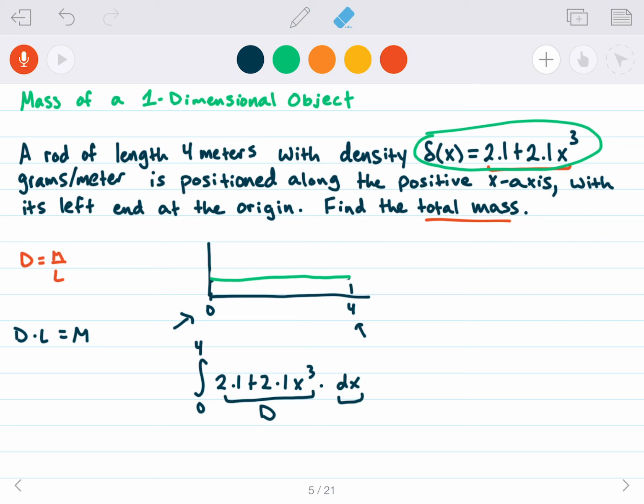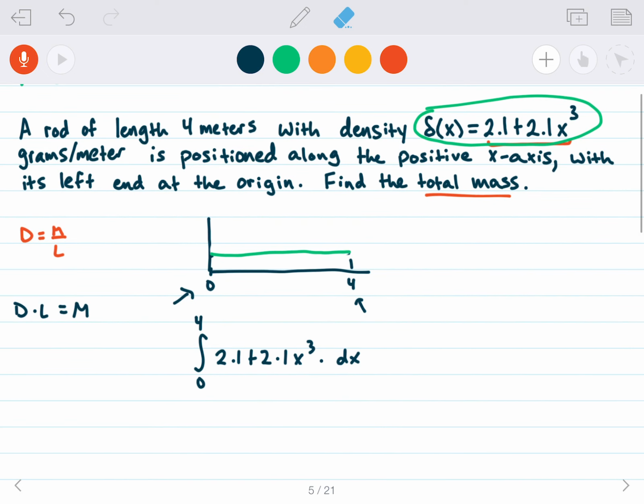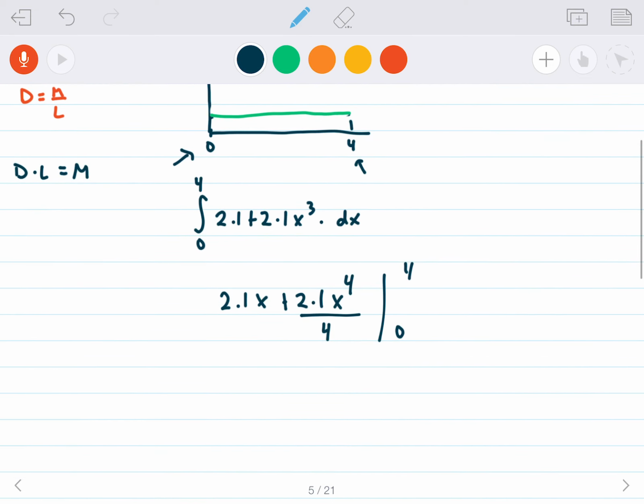All right, let's go ahead and integrate this thing. Again, this isn't too hard to do. If I find the antiderivative, I get 2.1x plus 2.1 x to the 4 over 4, and I'm going from 0 to 4. So I get 2.1 times 4 plus 2.1 times 4 to the 4th over 4.